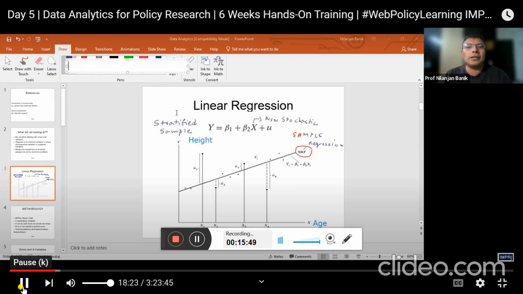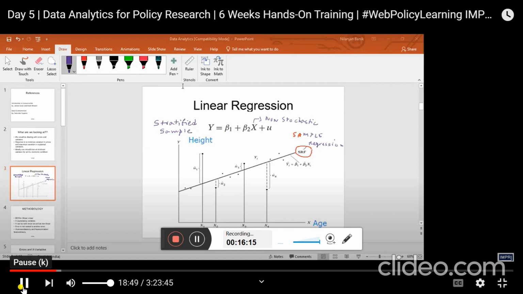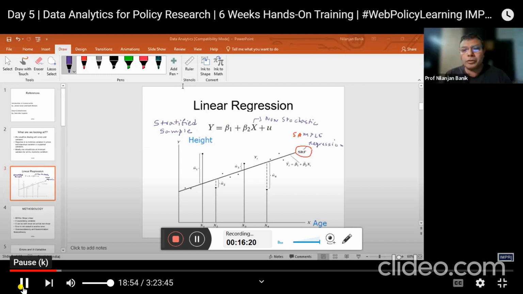Grouping of people, that's fine, but just to tie it up with what we are discussing right now, can you elaborate a little bit more? We have this data: 10 years, 15 years, 17 years, and 20 years across various cities. Where does this stratification come into the picture? Stratification comes if we divide the population into different cities. No, you give me the example, like the example I'm trying to give you.